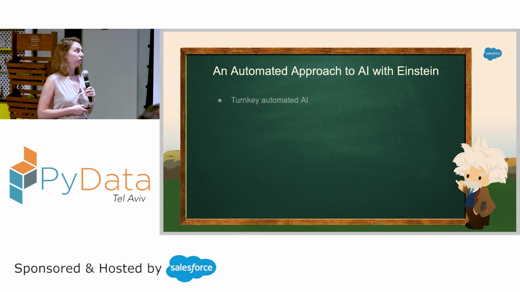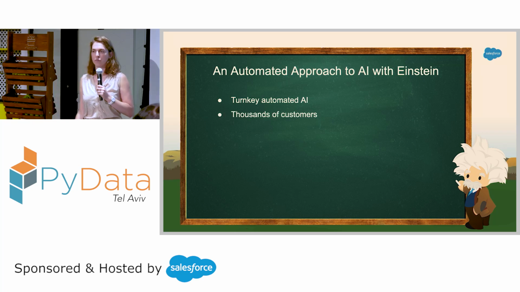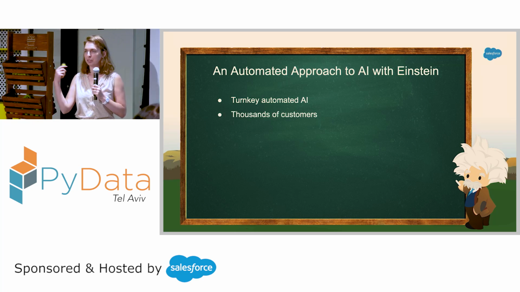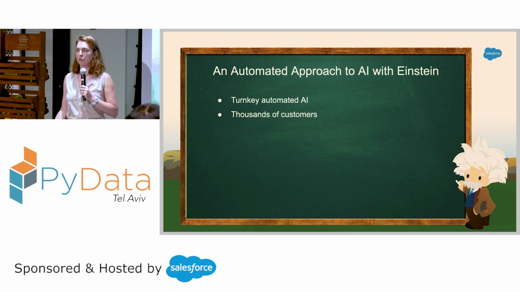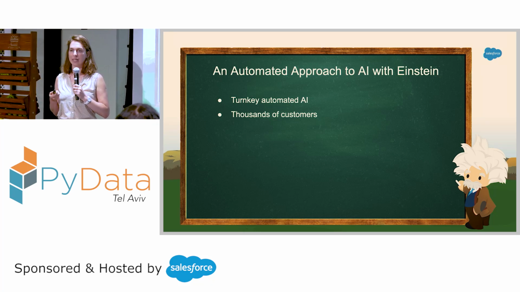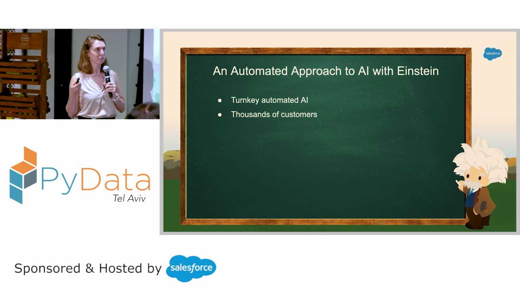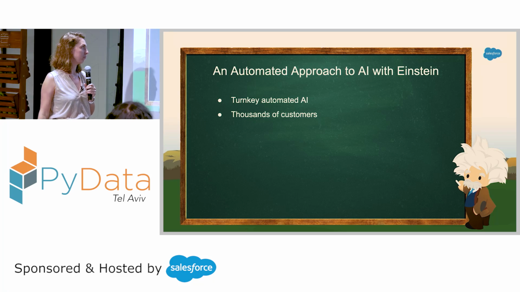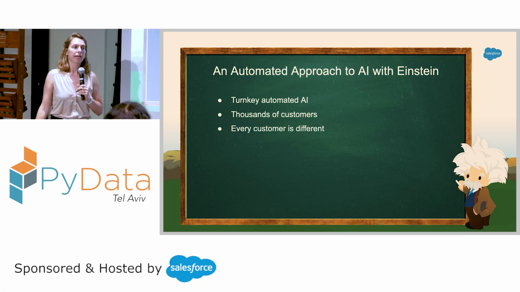So we have turnkey automated AI, and we have thousands of customers. As Igor mentioned in the first presentation, Salesforce has over 100,000 clients. So think about how many models we're training in production. Every customer is very different, as Eleanor mentioned.